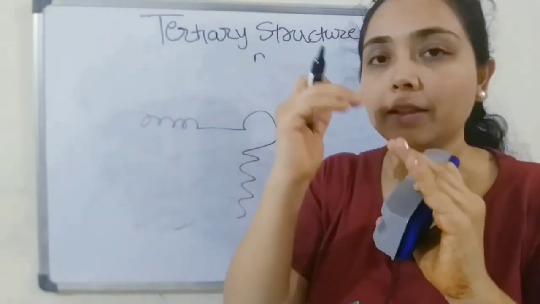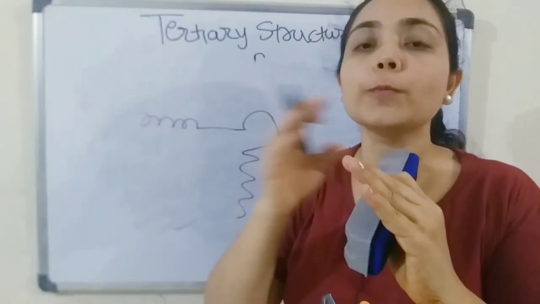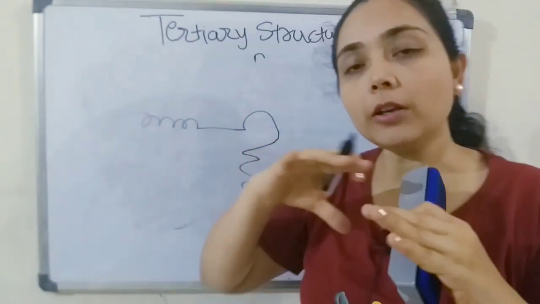The secondary structures like the helical structures, turns or loops, or the sheet like structures are present throughout the polypeptide chain.